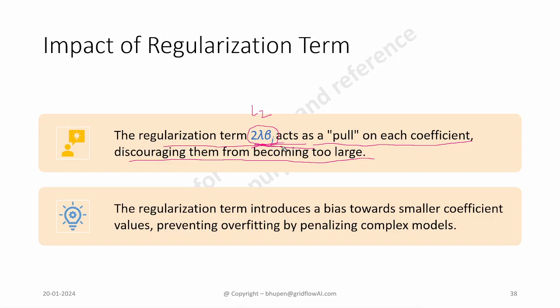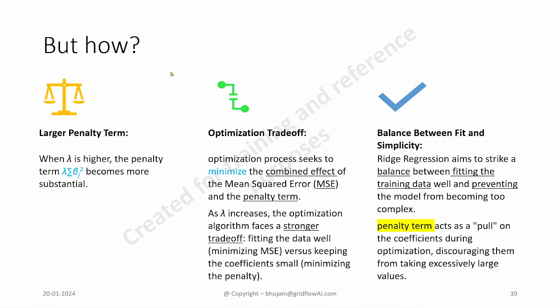We are adding a regularization term to the objective function to reduce or shrink the coefficients. And because we are adding the penalty, that acts as a pull. Let's understand how this pull actually takes effect. But how does this pull really happen?